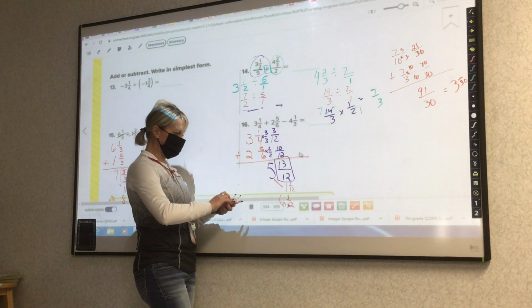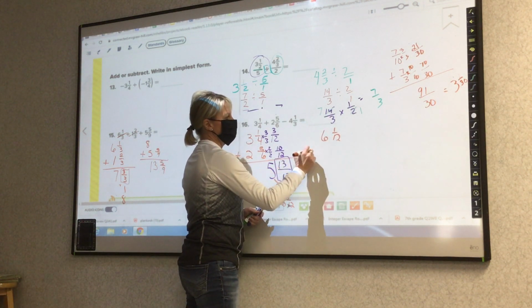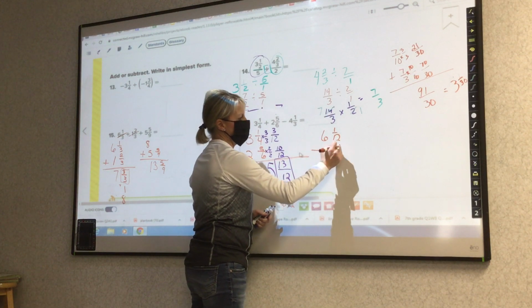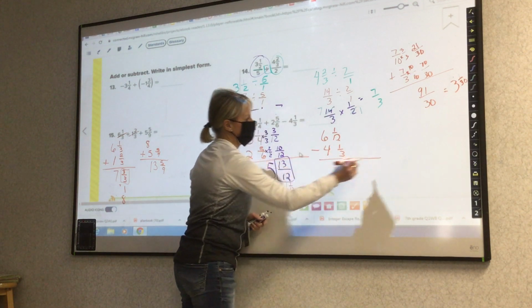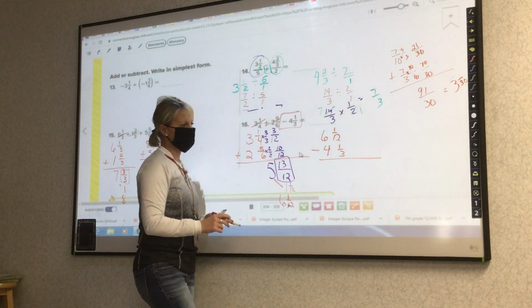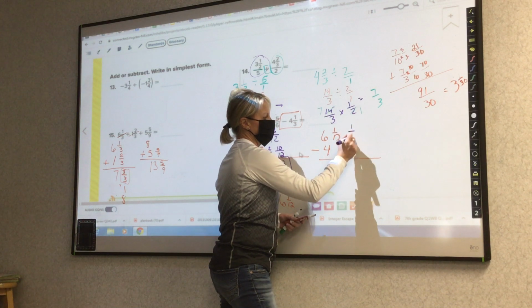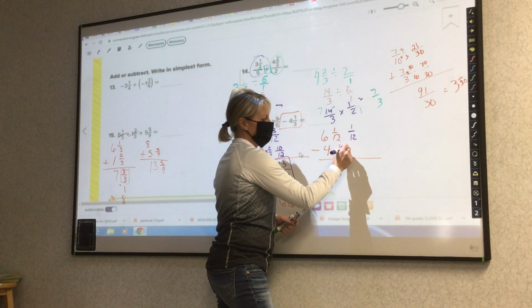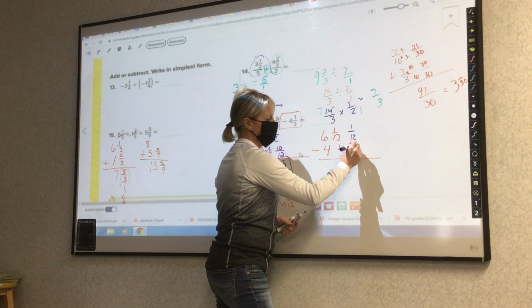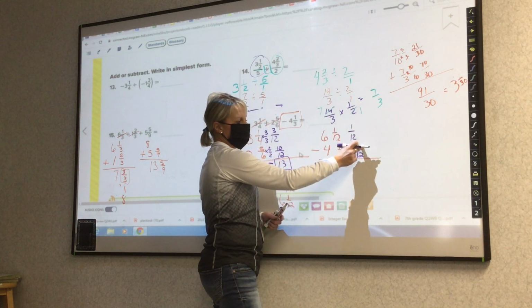So then I have 6 and 1/12 minus 4 and 1/3. Because I used these two, and this is my last one to use. 12 is gonna be my common denominator again. So I have 4 twelfths. Can I do 1 minus 4?